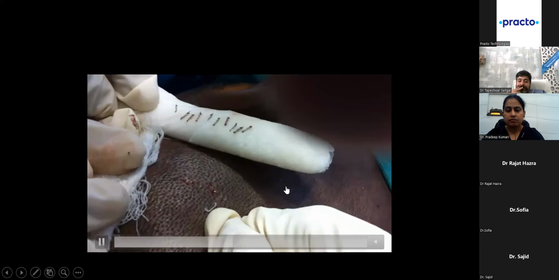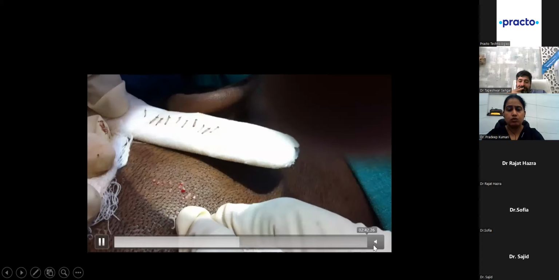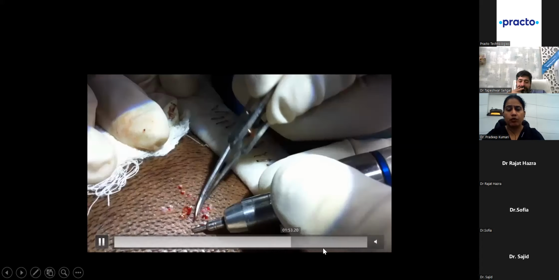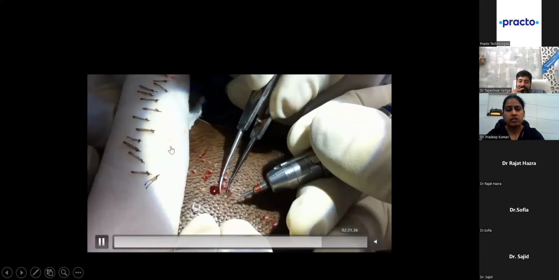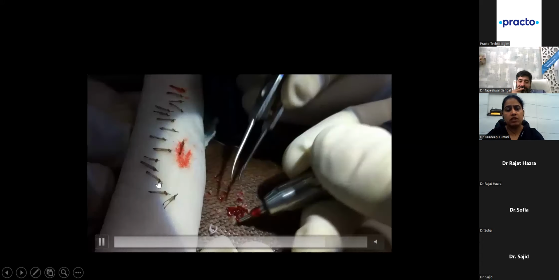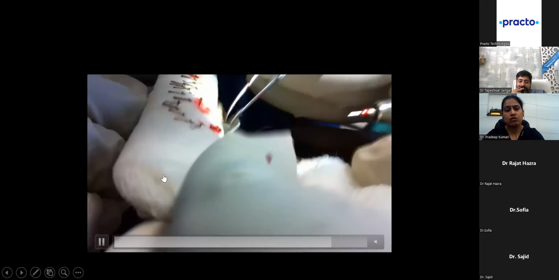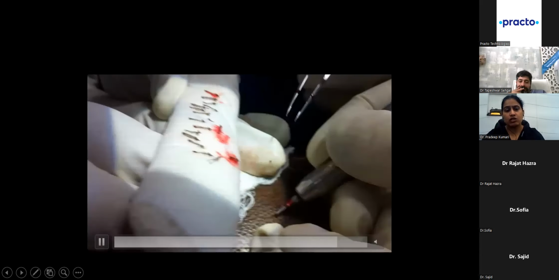And once the surgeon has accuracy and better grip over it, they can start going faster. The surgeon always wants to keep the extracted follicle hairs in view, so that he has a view of what directions to take.